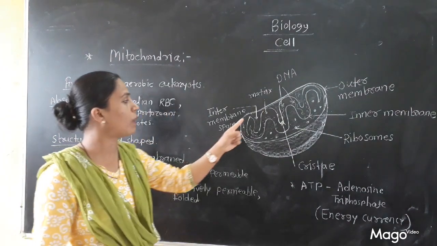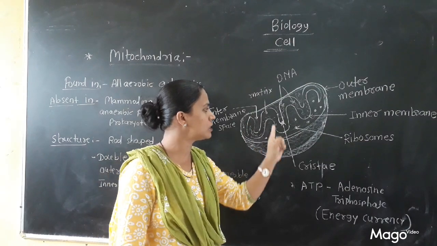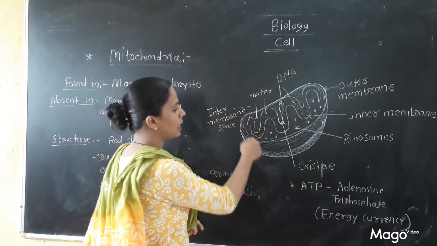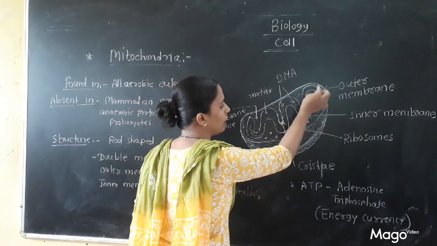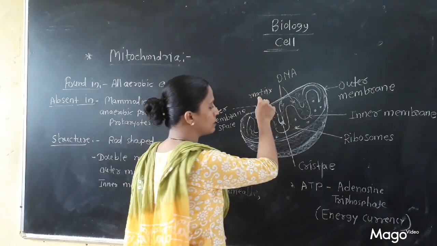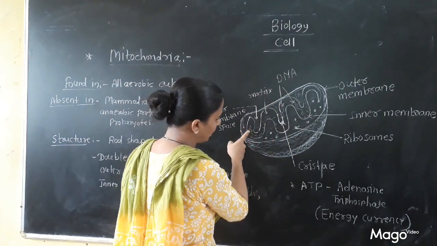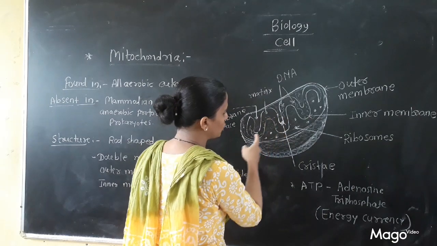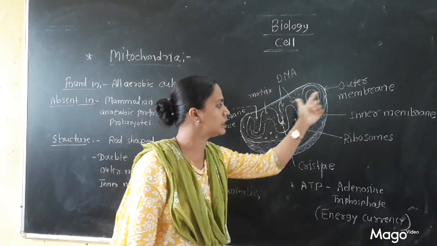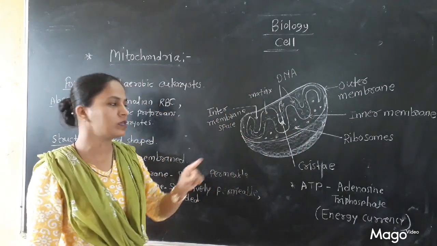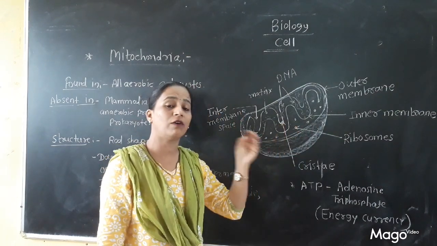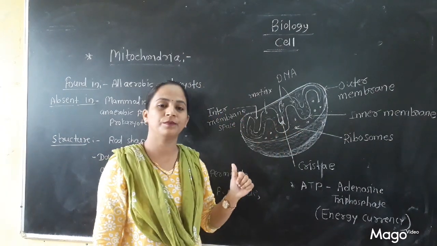Then the inner membrane, you can see here, is folded. These folds look like human fingers and are called cristae, and inside the cristae the matrix is present. Also you can see in the diagram, DNA and ribosomes are present in the internal structure. So what do you think, students, why is this inner membrane so folded?